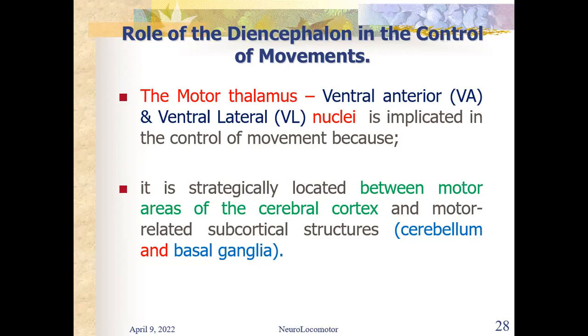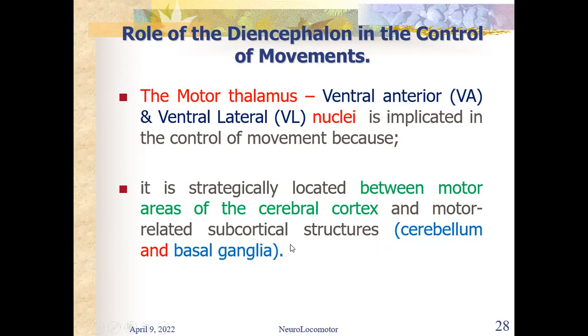We have the motor thalamus. The motor thalamus is made up of the ventral anterior and the ventral lateral nuclei. It is implicated in the control of movement because that part of the thalamus is strategically located between the motor areas of the cerebral cortex and the motor-related subcortical structures, which are the cerebellum and the basal ganglia.